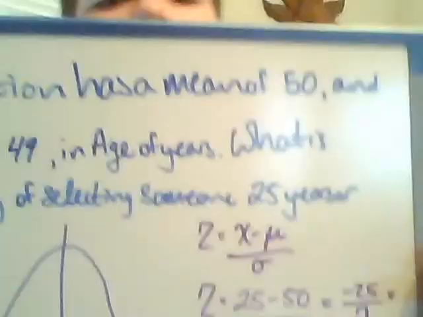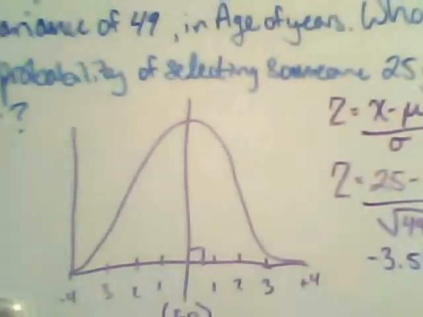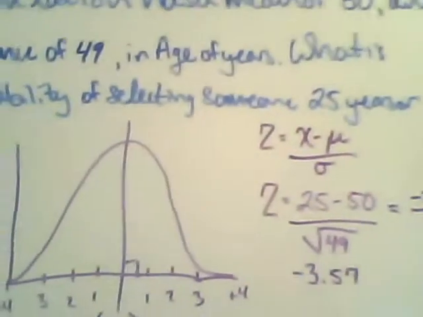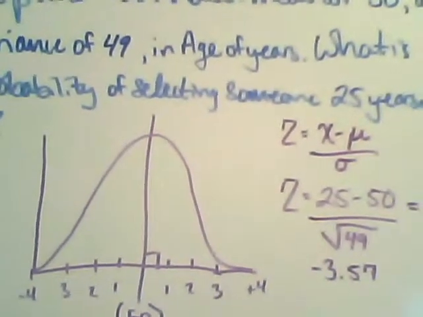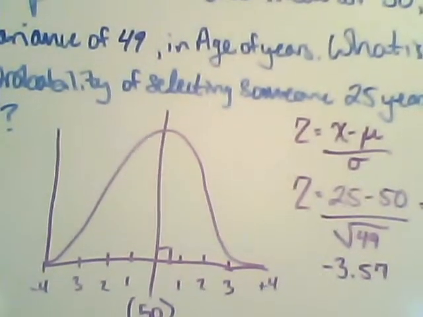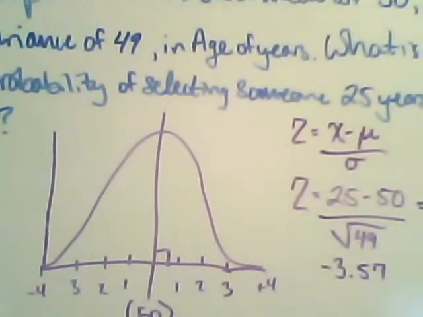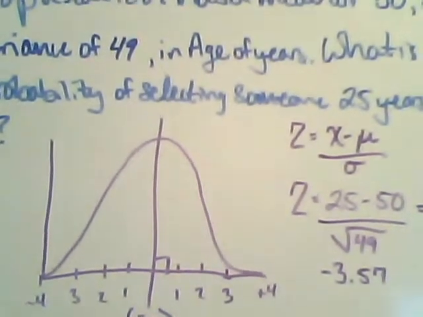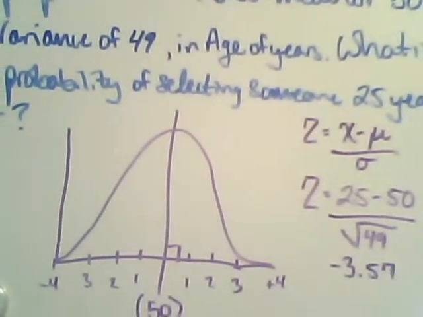Okay. So you end up getting negative 25 all over 7, which when you figure it out is about negative 3.57. So when you're finding z-scores, you're going to want to get it to 2 decimal places so you can look it up on the table, rounding up when necessary, I believe.